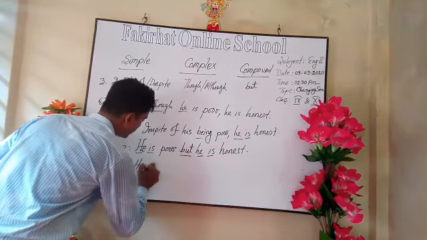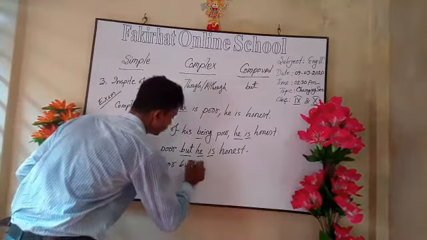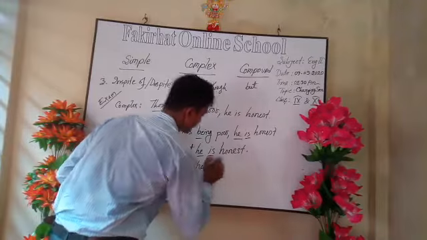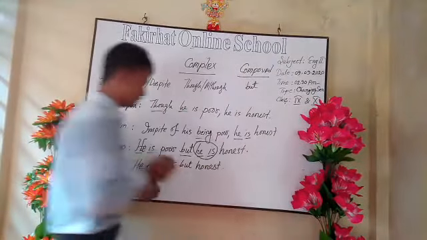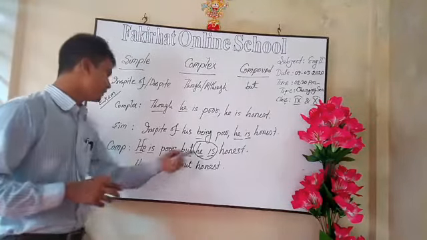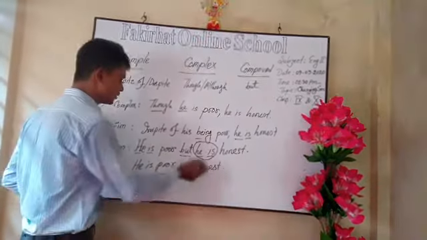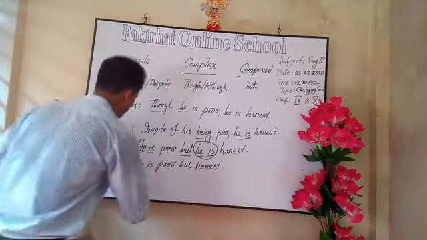He is poor but honest. Same subject, same verb. That's why we can omit this subject and verb, because he is poor but honest. That means he is poor but he is honest. Okay, this is the better option.